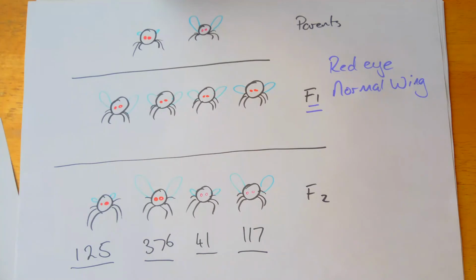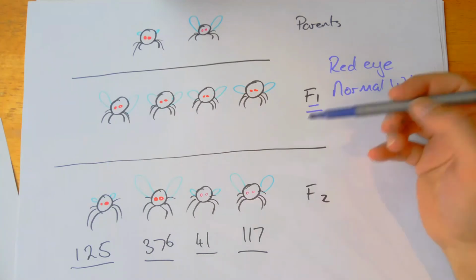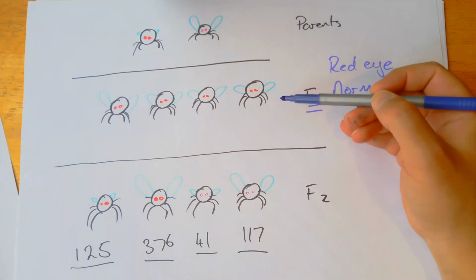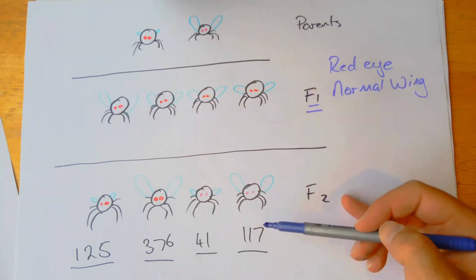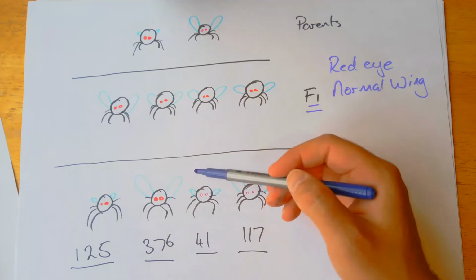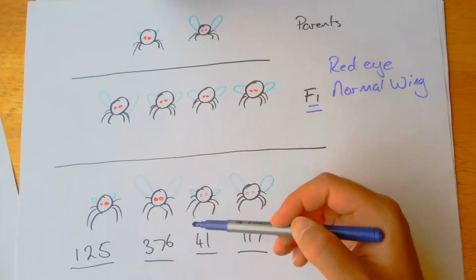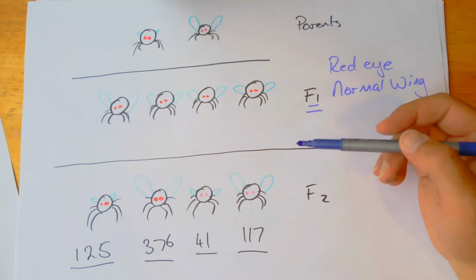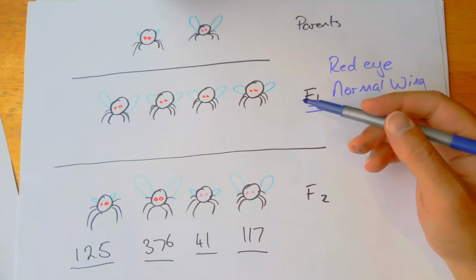Another little bit of information, even though it's obvious by the F1 generation, if you look at the F2 generation, what is more expressed are the red eyes and normal wings. So it's a good indicator that those are the dominant alleles as well.